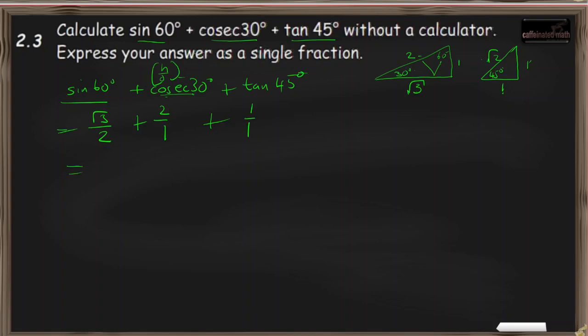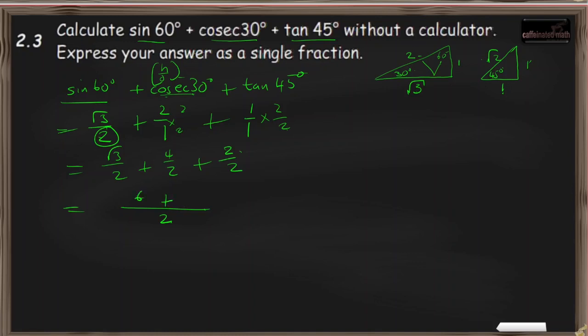Well, simplifying this further, we still get square root of 3 over 2. Plus, if you want to put this over 2, it's times 2. What you do at the bottom, you do at the top. So that's going to be plus 4 over 2. And then plus, well, same thing here. Well, why are you multiplying by 2 at the top and bottom of all the fractions? Because this one says 2, and we want a common denominator. And there we have that. So our common denominator is 2. Then we have 4 plus 2 is 6.